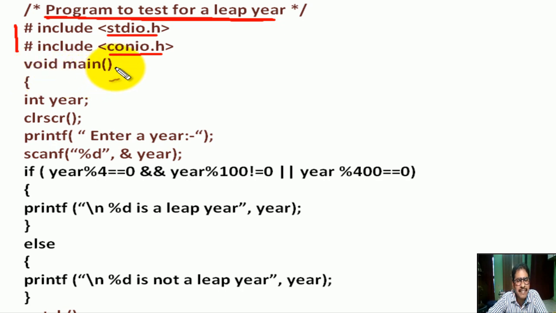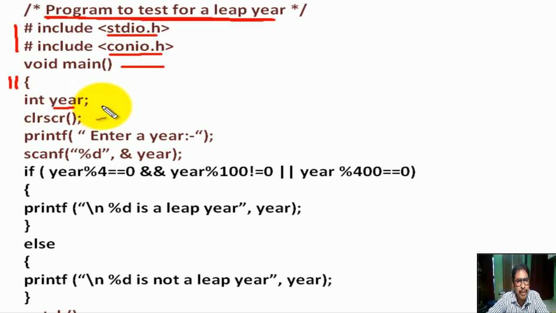Now we write void main. It is the main function of C program. Next, this is the main block, second bracket. Next, int year. Year is the integer variable, semicolon.